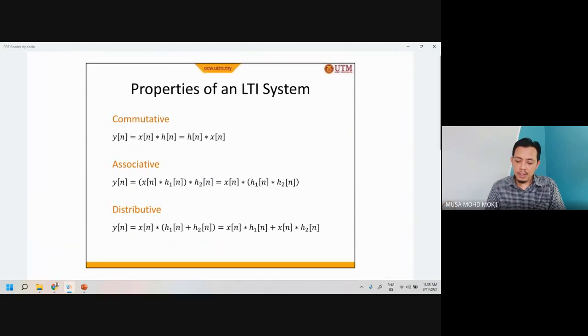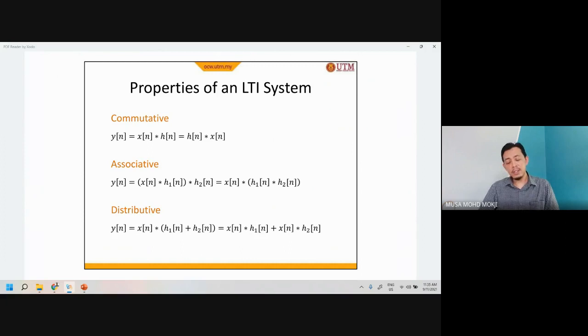And these are additional properties, so that we understand better what we call linear and time invariant: commutative, associative, distributive. Actually, this is not new. These are properties of a linear system, like normal multiplication or normal addition. Those things are linear. If you have a square, or something to the power of something, that is not a linear operation.